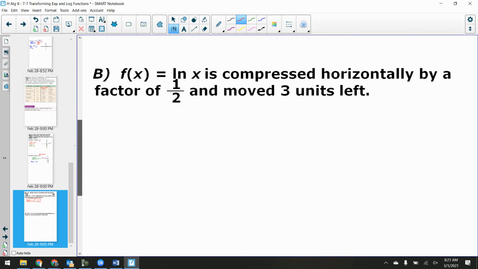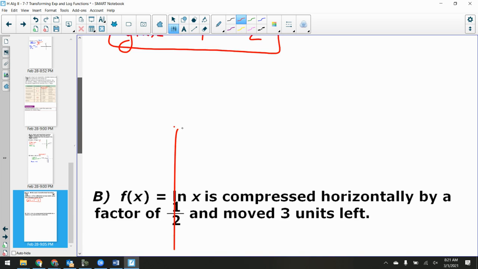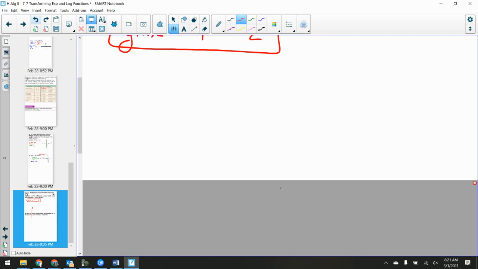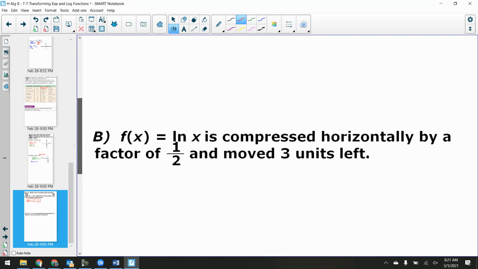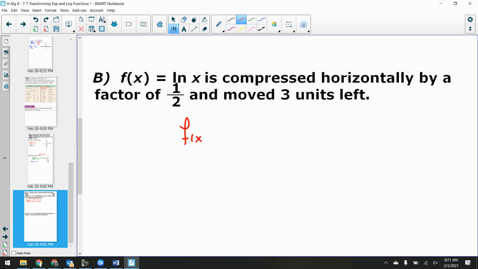Like for this, f of x is equal to ln of x. That's our parent, the natural log of x. It's compressed horizontally by a factor of 1/2, then moved 3 units to the left. All right, so this is a tricky one, compress horizontally. Remember, horizontal compression takes f of x and maps it to f of 1 over bx, right?